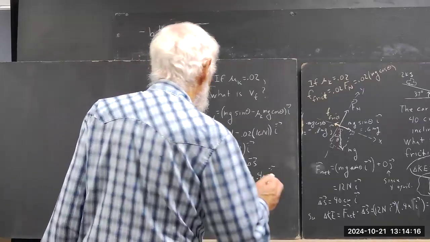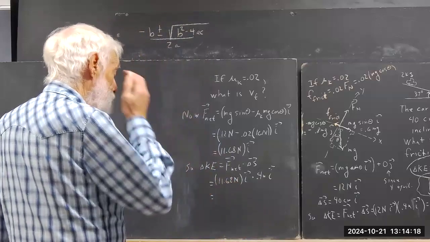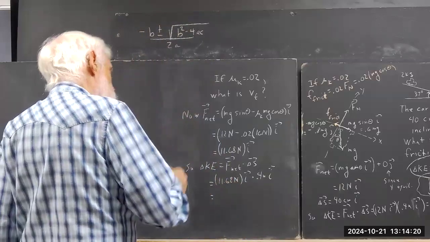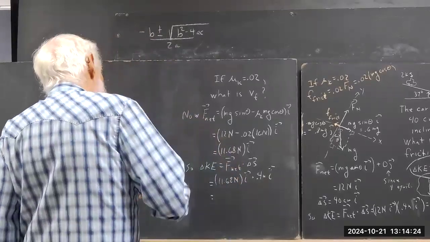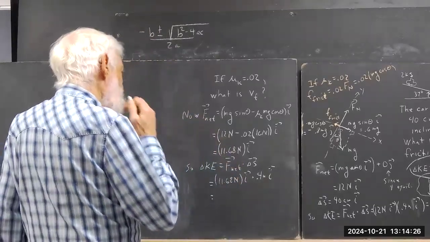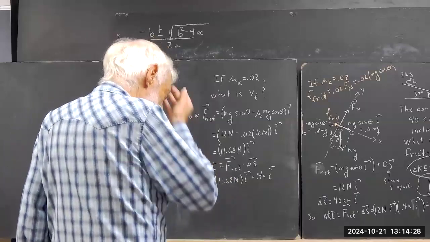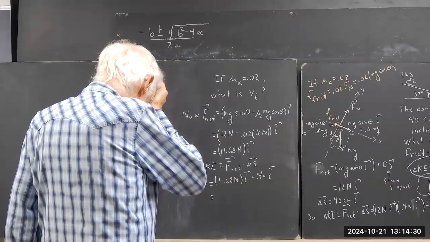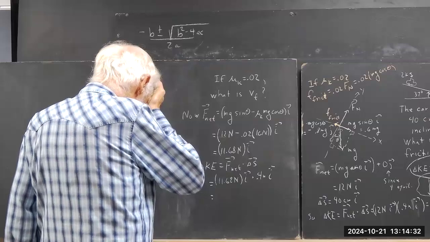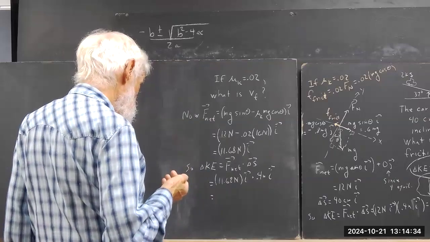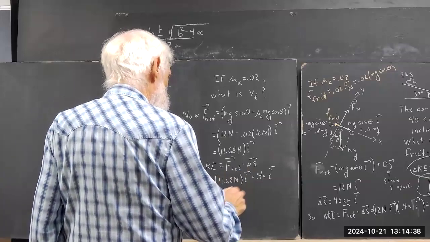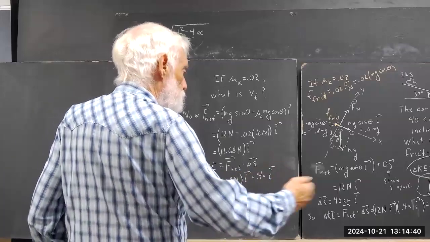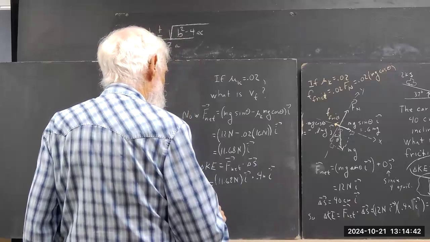So what's that going to be? It's going to be 48 joules minus 0.32 times 0.4, which is 0.128. So it's 1.128 joules less.